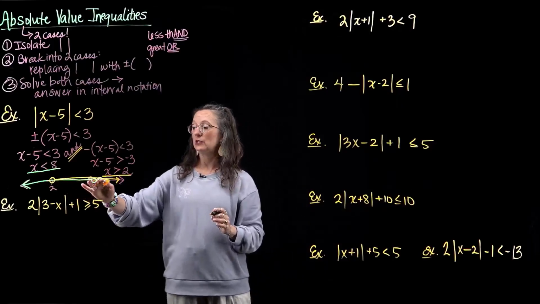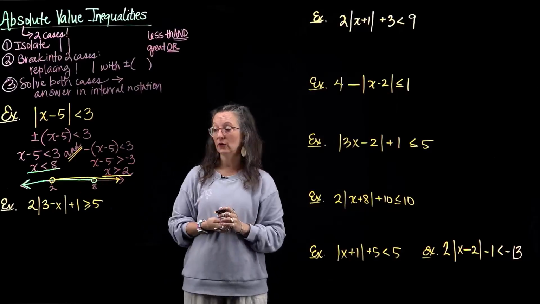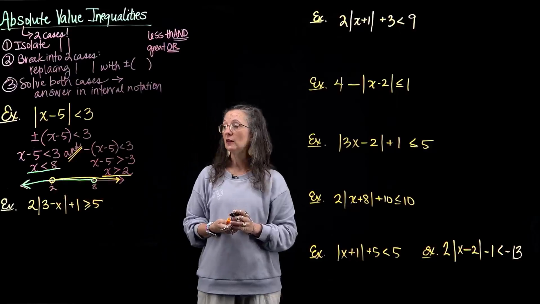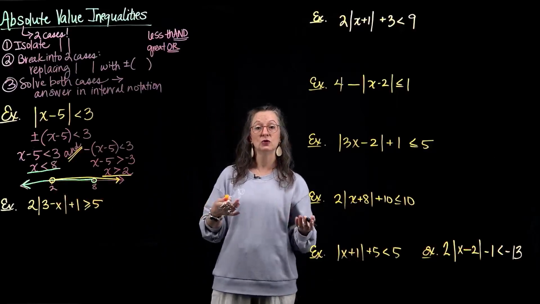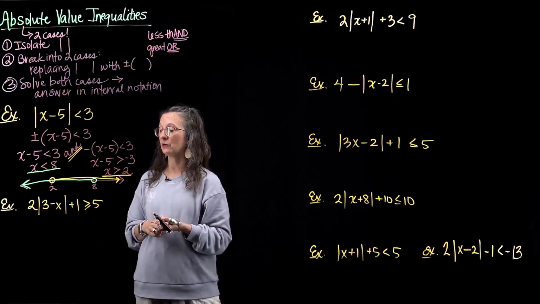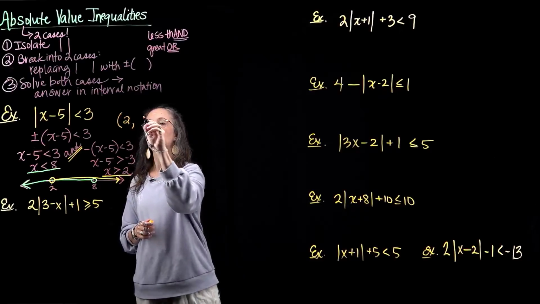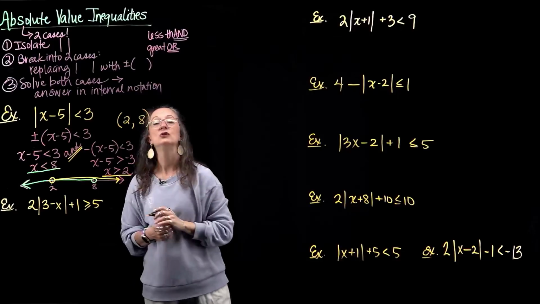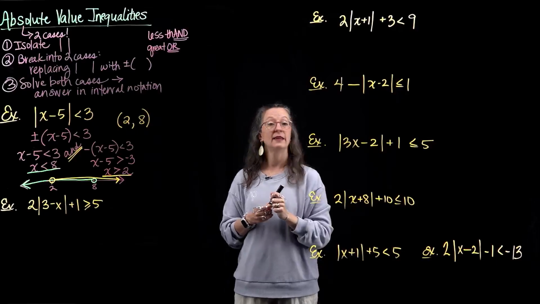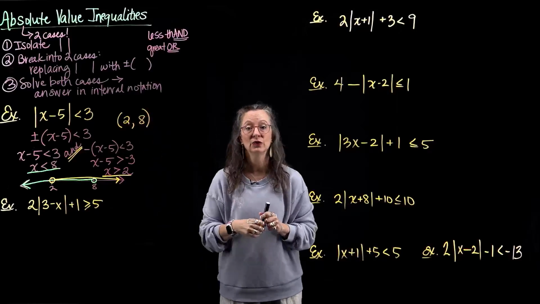That would be the region that has been shaded twice in both orange and yellow. So it would be this region between 2 and 8, but not including 2 or 8 because I have an open circle on both of those. So writing that in interval notation, I would have parentheses 2, comma, 8, close parentheses. And that would be my answer to this inequality in interval notation.